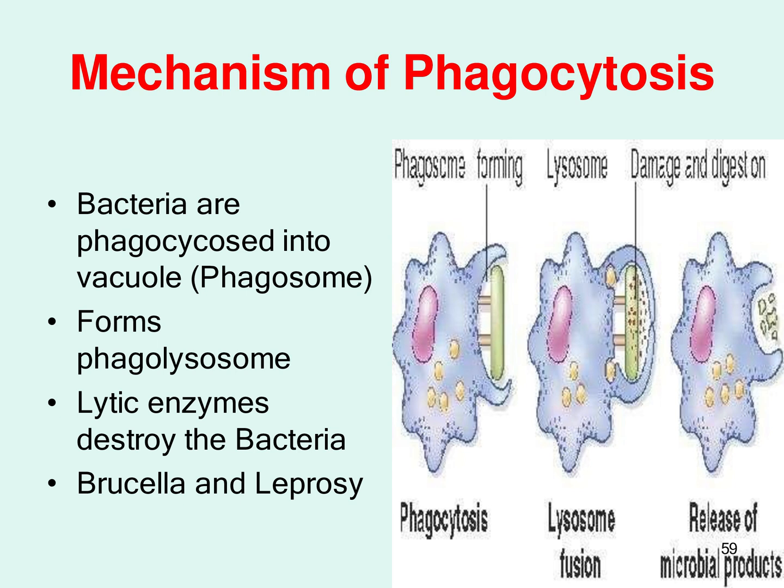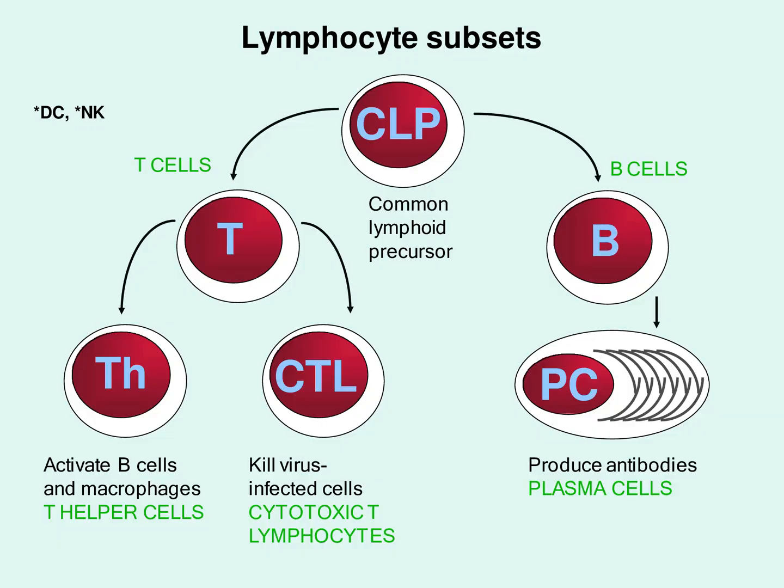The cells get killed by releasing small cytoplasmic granules of protein called perforin and granzyme that cause the target cell to die by apoptosis.